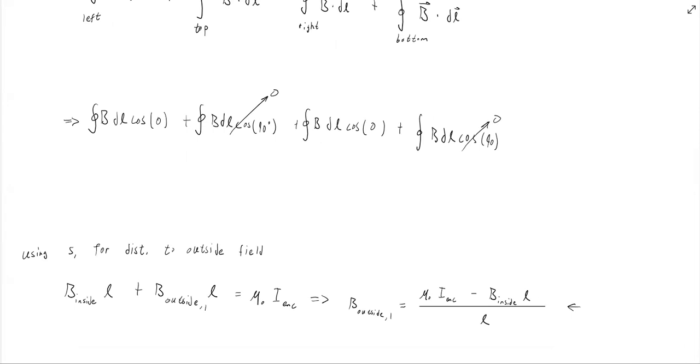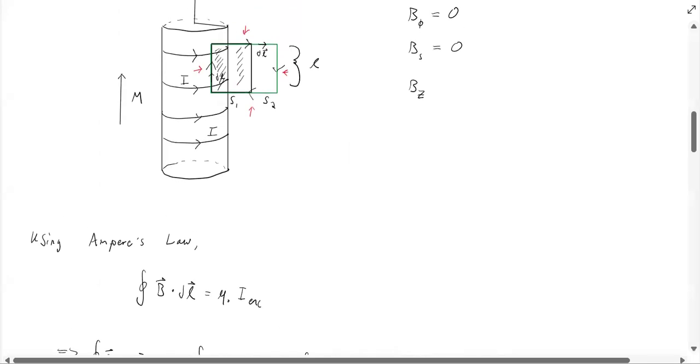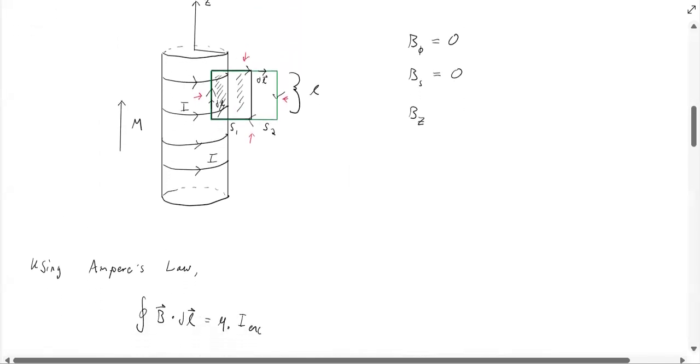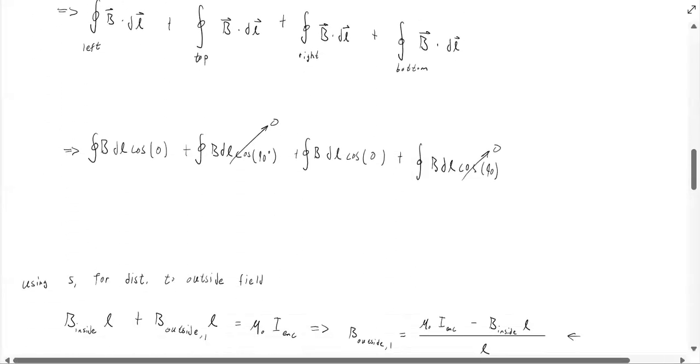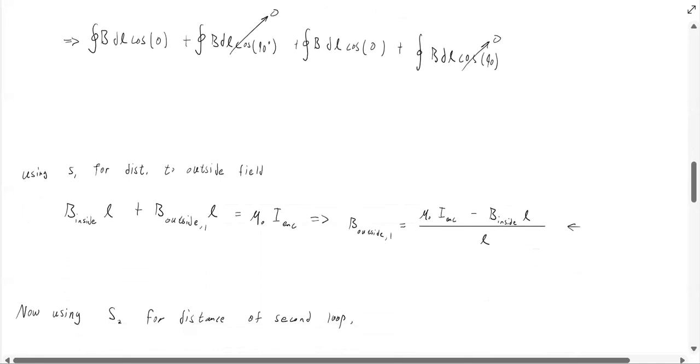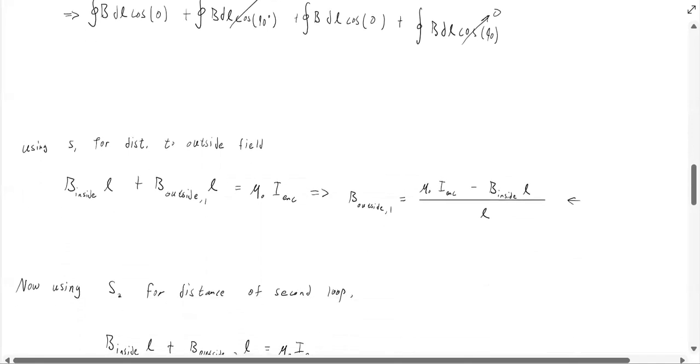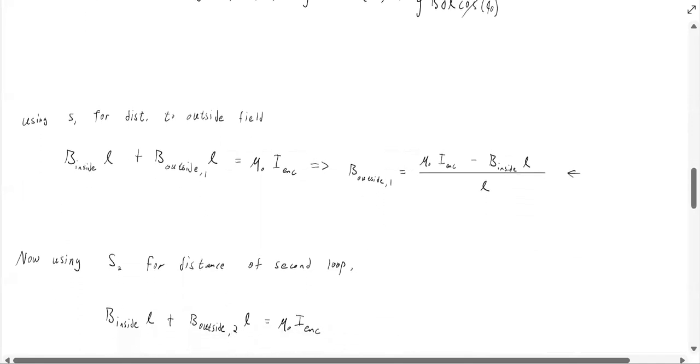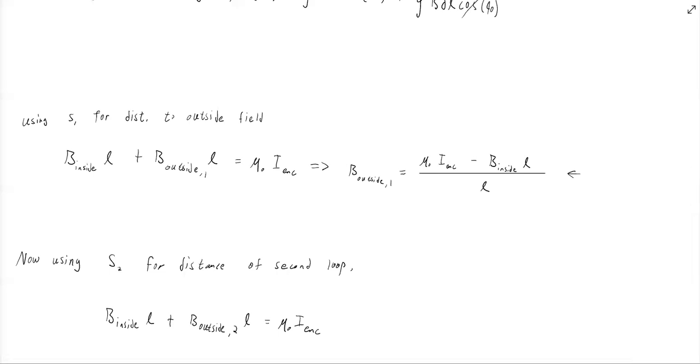And so the same steps follow for the second Amperian loop in green, where S2 is the length of that Amperian loop. And so now, using S2 for the distance of the second loop, B inside times L plus B outside 2 times L equals mu naught times the current enclosed. And B inside will be the same for both equations.